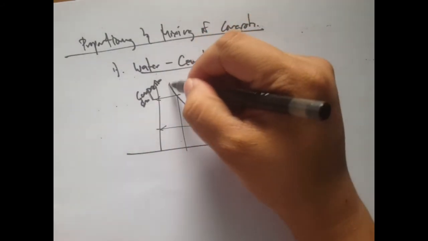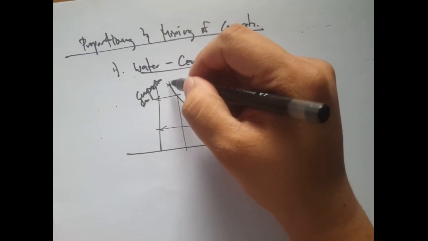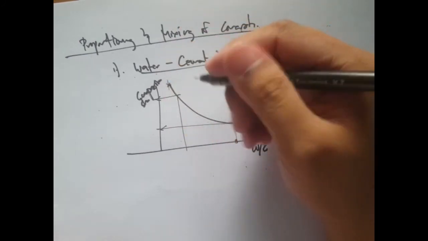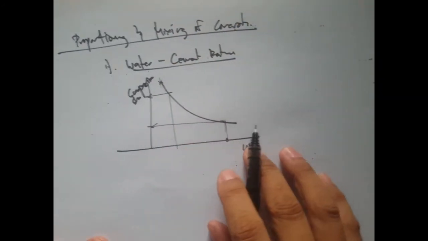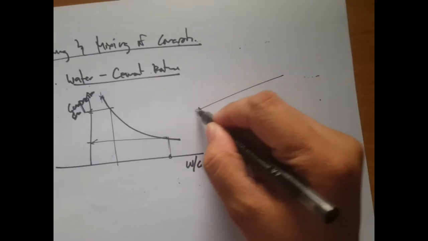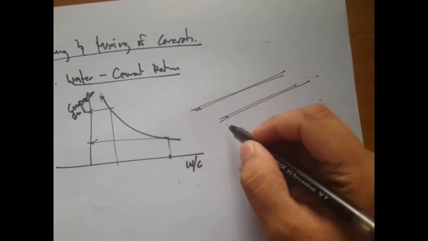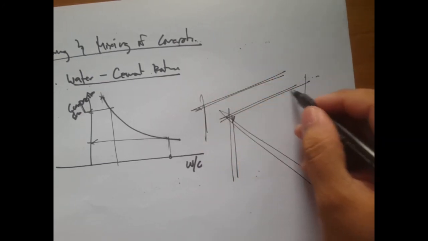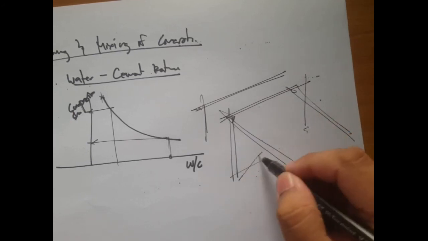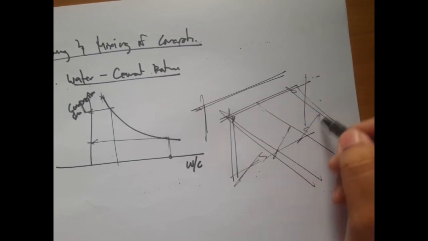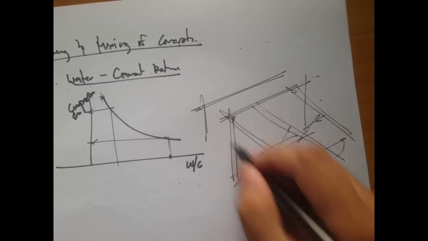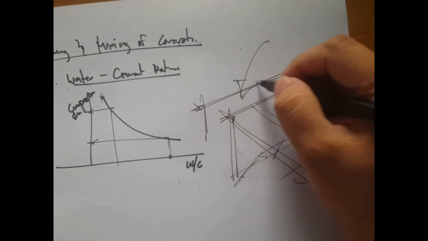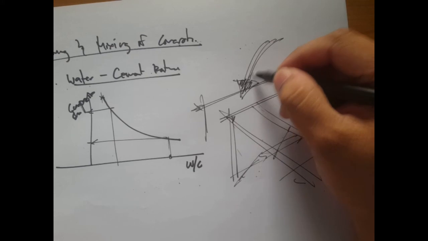Of course, there needs to be some amount of water for the reaction to take place. The problem is this: say there's formwork with braces, and you need to pour the concrete here.